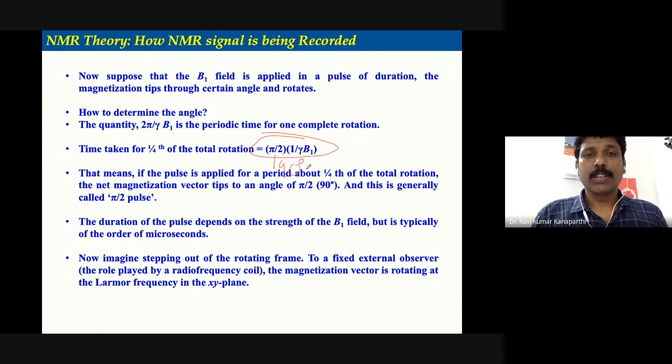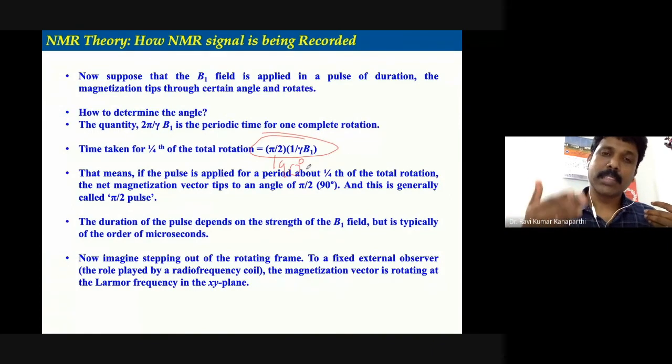Now, this particular thing is not the actual thermal equilibrium. This is not the original position, right? In the static magnetic field, different things happen. It precesses in the XY plane, and as long as you apply the pulse, it will precess in the XY plane itself.